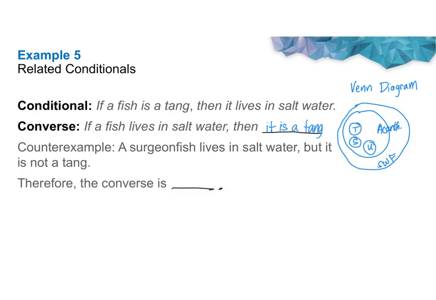So if we look at our visual over here and we try to figure out what is inside the saltwater fish that is not a tang to find our counterexample, you can see why they picked surgeonfish. It's inside that big saltwater fish, but it's not a tang. And you could also find a unicornfish that would be a counterexample. So of course, our converse is going to be false.